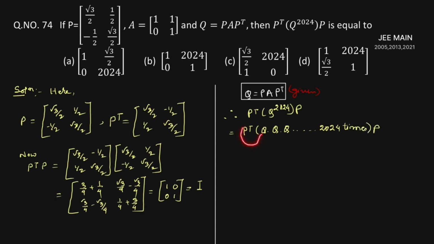In the place of Q we are able to write P A P transpose. So this is equal to P transpose, in the place of Q we write P A P transpose, again P A P transpose, and it goes on up to 2024 times, then P.